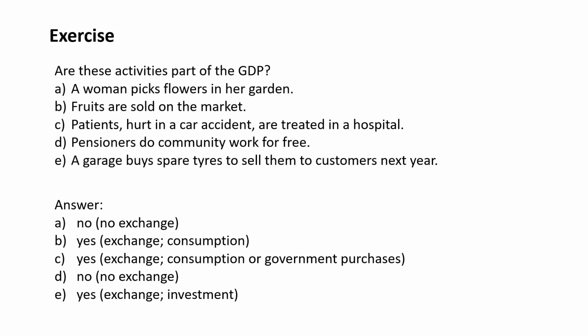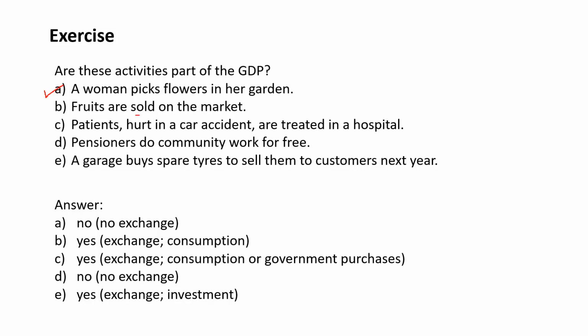Here we have a list of activities, and we need to decide whether these activities are part of GDP. Always remember the equation that is used to calculate the GDP, and check whether these activities have any impact on the GDP equation or GDP's five components. A woman picks flowers in her garden. There is no impact on GDP because there is no exchange of goods or services, and it has no impact on any of the five components.